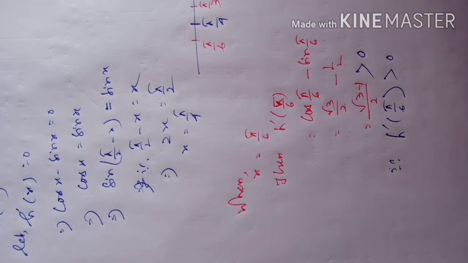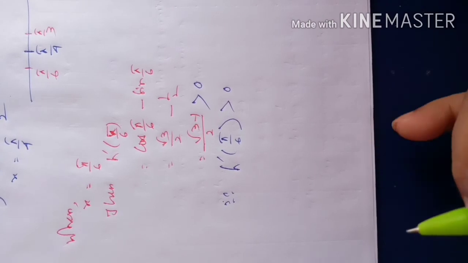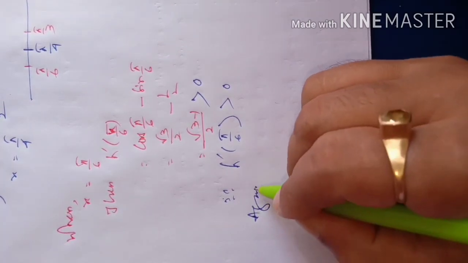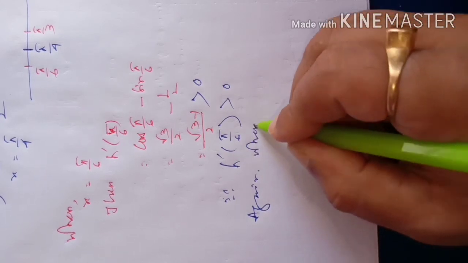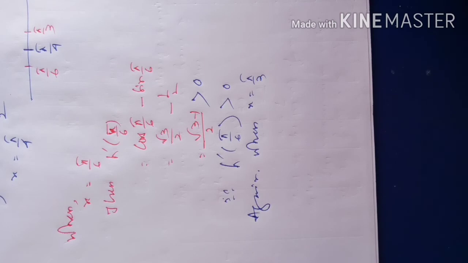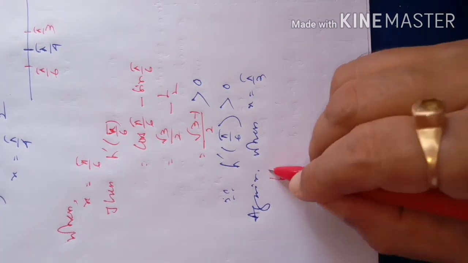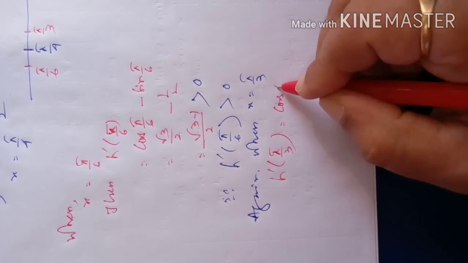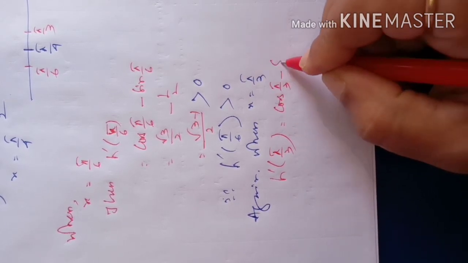Now let us see whether h dash pi by 3 is greater than 0 or less than 0. When x equals pi by 3, h dash pi by 3 is cos pi by 3 minus sin pi by 3.